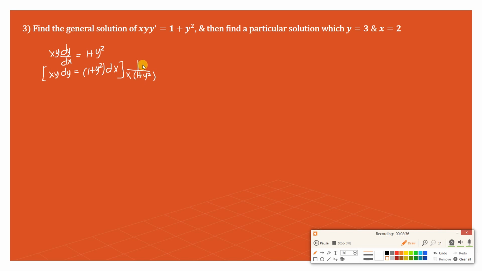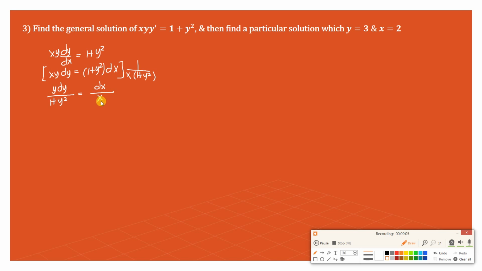Okay, so multiplying the LCD on the left, we have y dy na lang matitira, so tanggal si x, pero magkaka-denominator ako na 1 plus y squared equals. Sa right naman, matatanggal si 1 plus y squared, kakaroon lang ako ng dx over x.